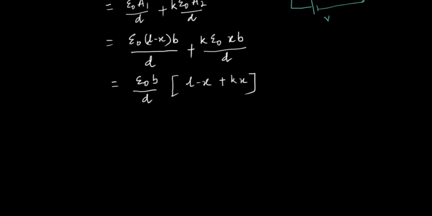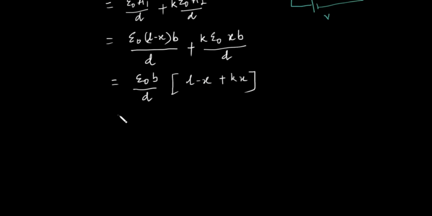So I can write epsilon naught B by D, L, and after L I take x common, x into k minus 1.